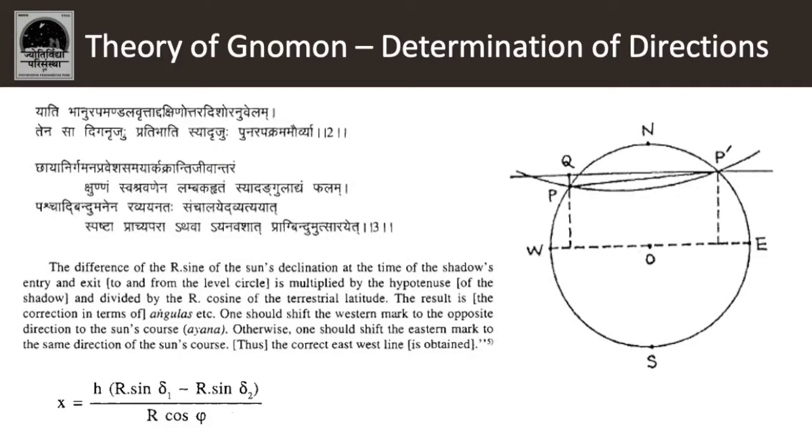So only on those days the sun will rise exactly at east and exactly at west on the tropics, not on the other days. Similarly, on the equator, the sun will rise exactly on the east and set exactly into west on equinoxes. So that is why this correction is required. Without this correction, your observations are going to be flawed and there are going to be certain errors. So this is the correction proposed by Brahmagupta and this is the formula.